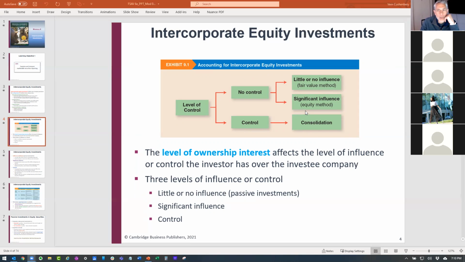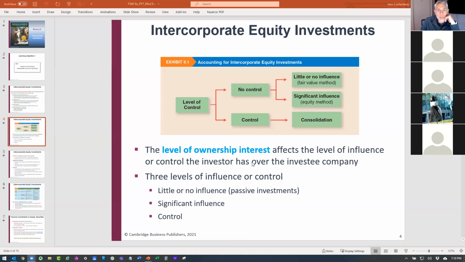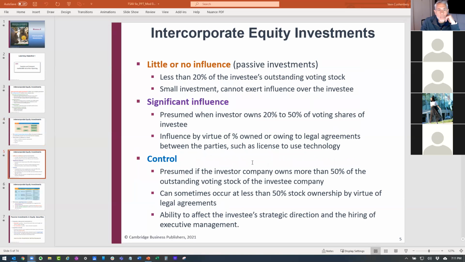We don't change the value of the investment on our books, but we do treat it as if we are a material owner and book the dividends and earnings from the company on our balance sheet. I'll show you how we do that too.